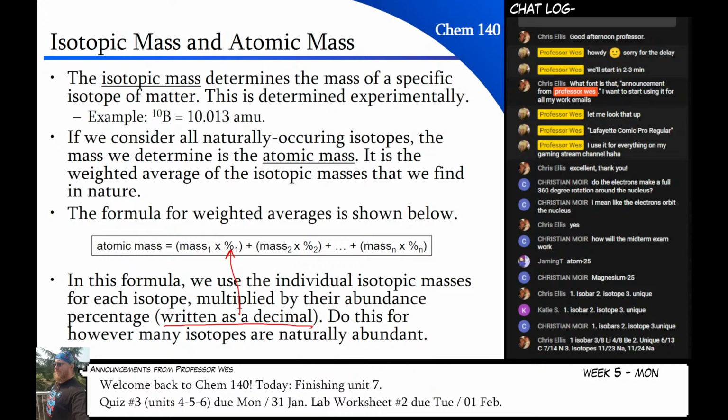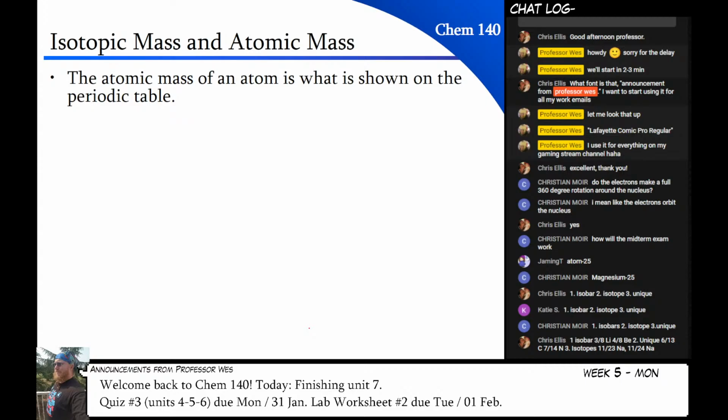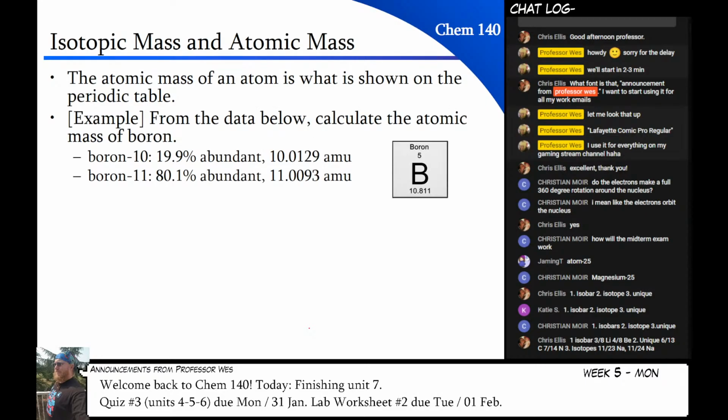All right, so you saw me calculate the atomic mass of carbon. What I want you to do is, for this example, use this data on the screen to calculate the atomic mass of boron, and then compare the results to what you get for its actual atomic mass. So using the average mass formula, and I'll write that again here.